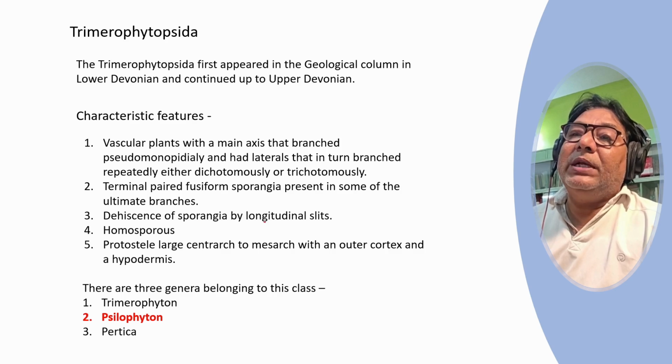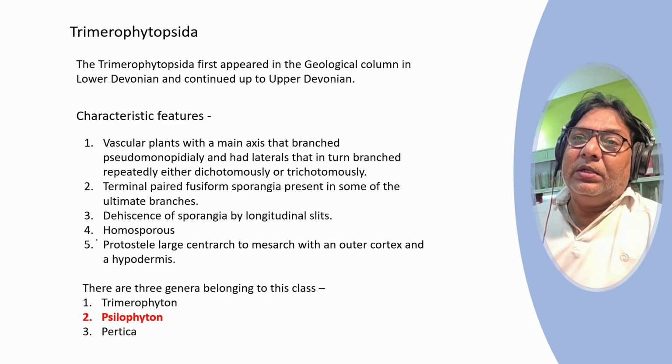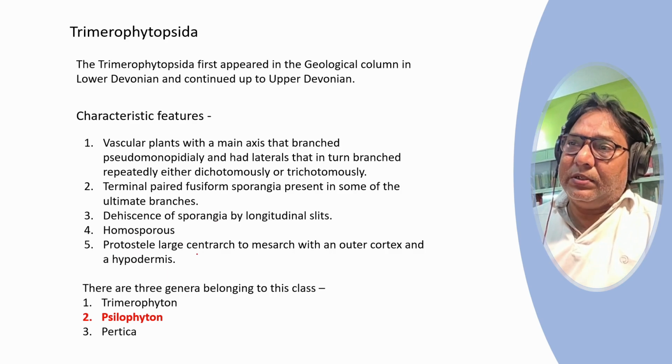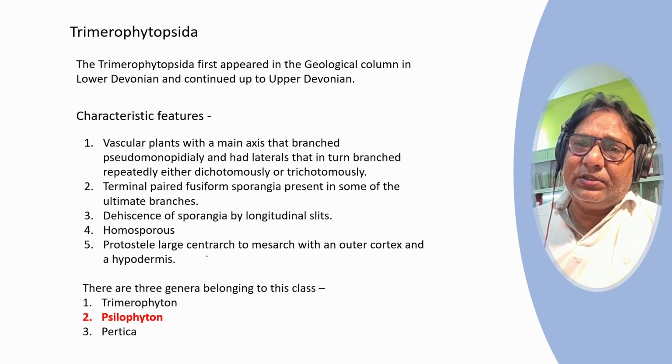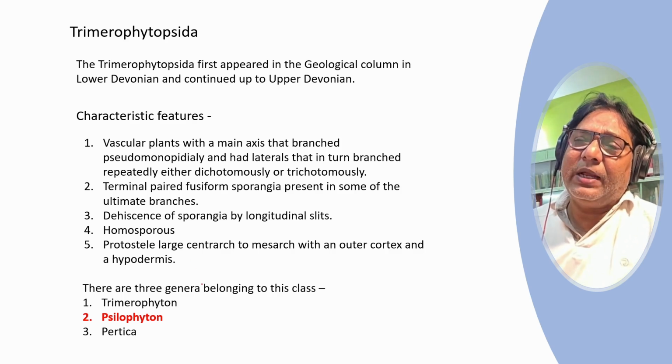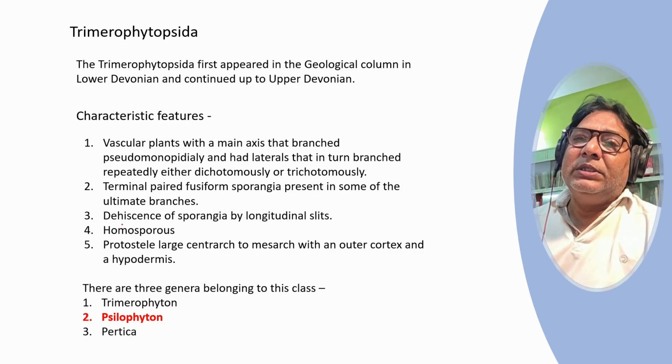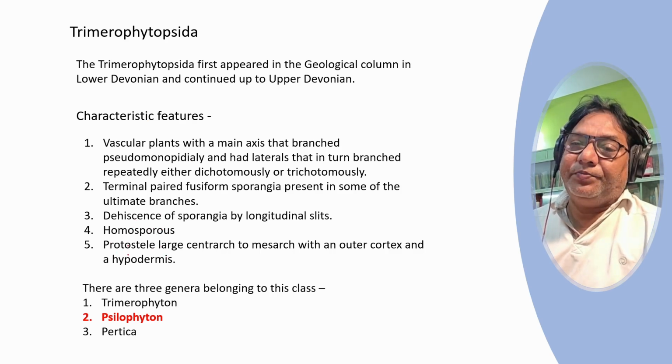Dehiscence of sporangia was longitudinal. They were also homosporous and protostelic. As far as this is concerned, Rhyniopsida, Zosterophyllopsida, and Trimerophytopsida are all similar in their homospory and protostelic nature.